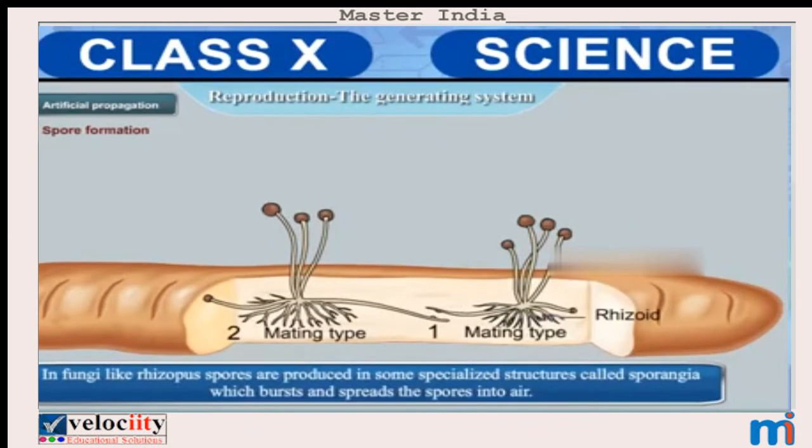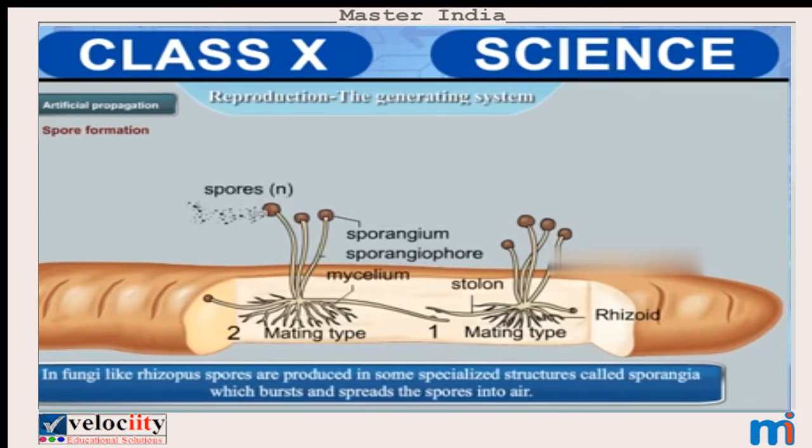In fungi like Rhizopus, spores are produced in specialized structures called sporangia, which burst and spread the spores into air. These spores, when they land on food or soil under favorable conditions, germinate and produce new plants.